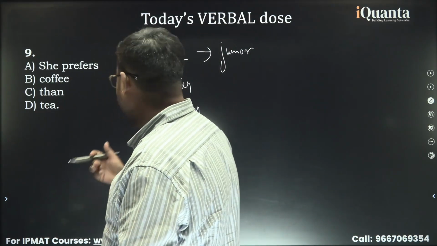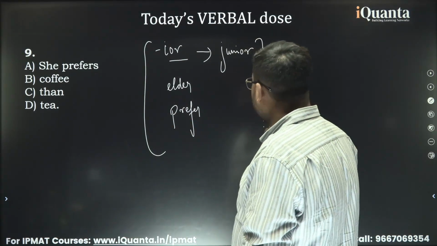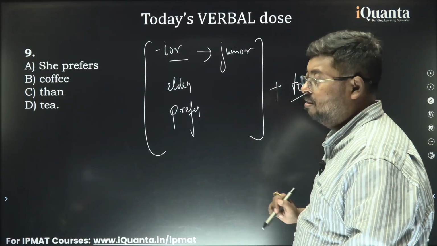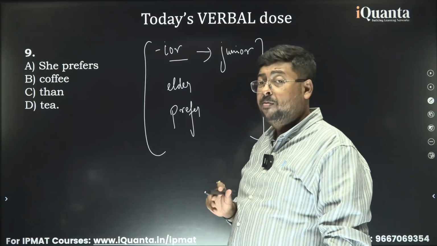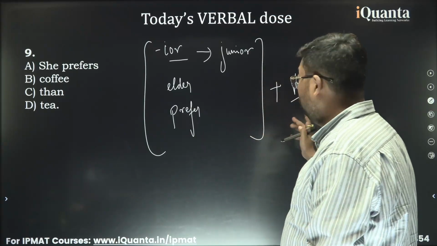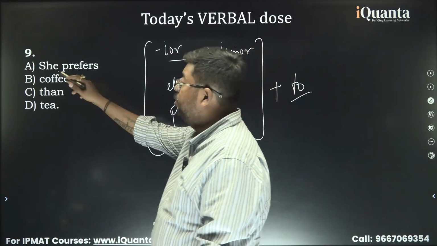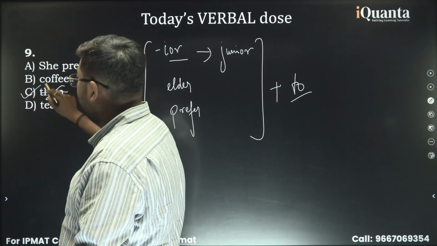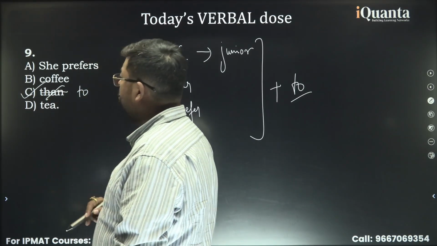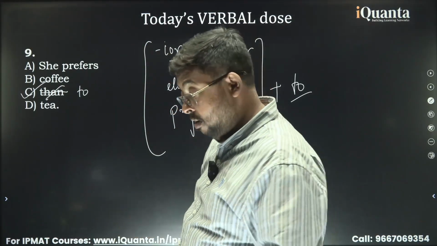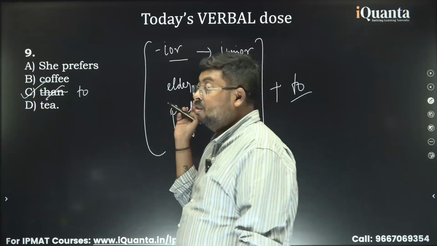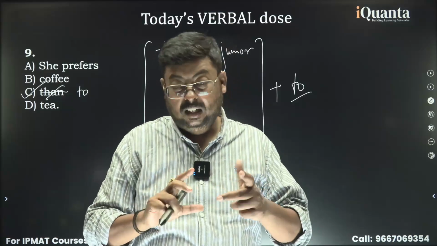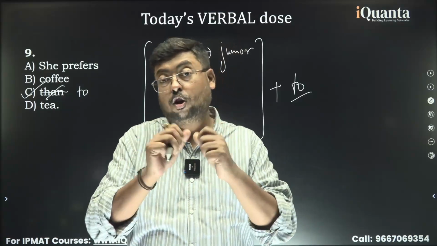When you have prefer, always remember, we have to use to when talking about comparison. Not even over, it has to be to. So the answer will be coffee to tea. Easy. So I not only taught you the rule, but I also tried to correct your colloquial usage, right?